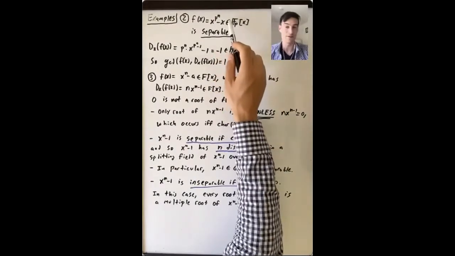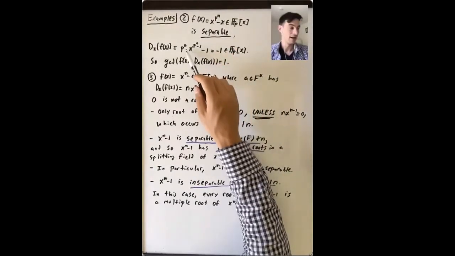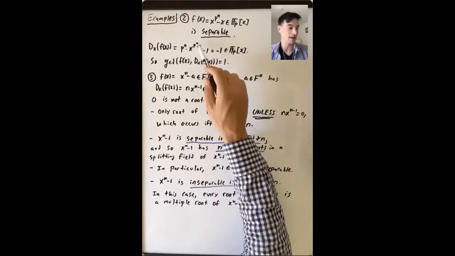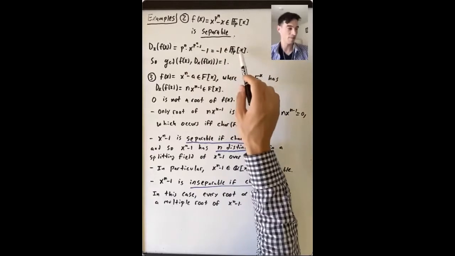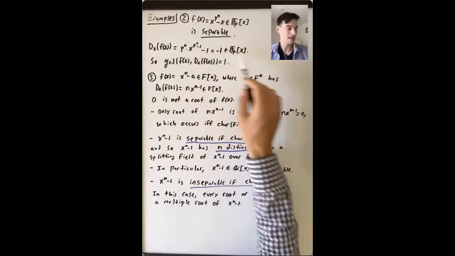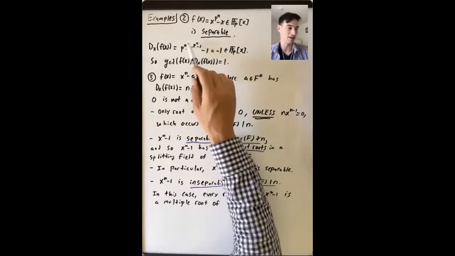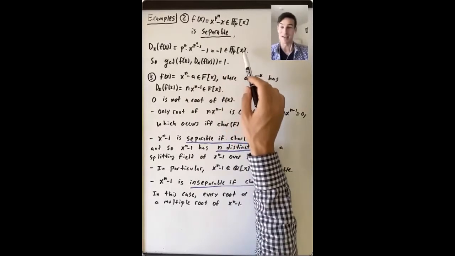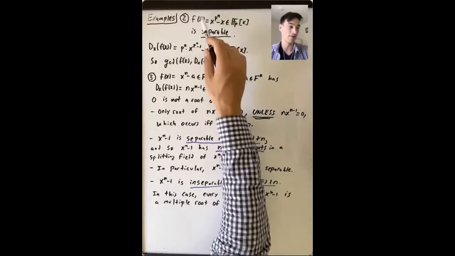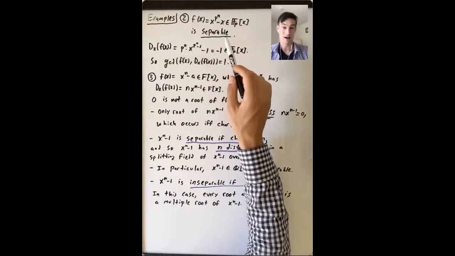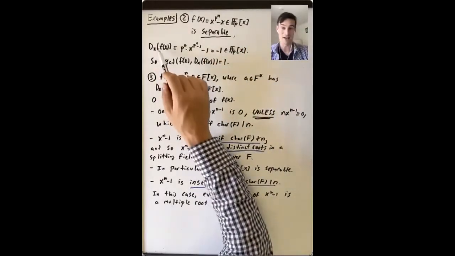What's the derivative of this polynomial? Well, it's p to the n times x to the p to the n minus 1, minus 1. But in Fp[x], p is 0, so p to the n is 0. This just is the polynomial -1. Okay, so alpha is a multiple root of f of x if it's a root of f and its derivative.